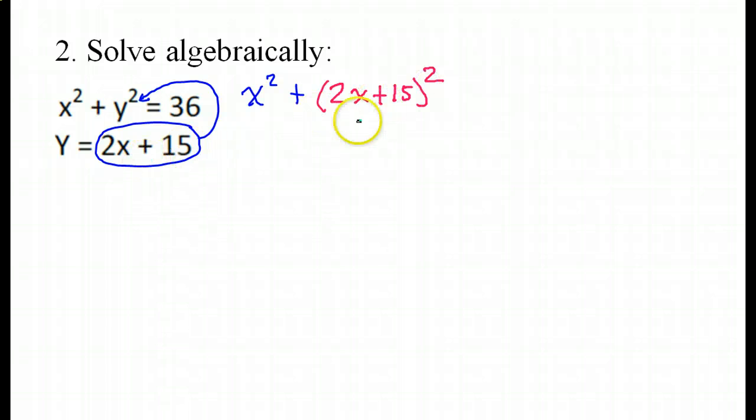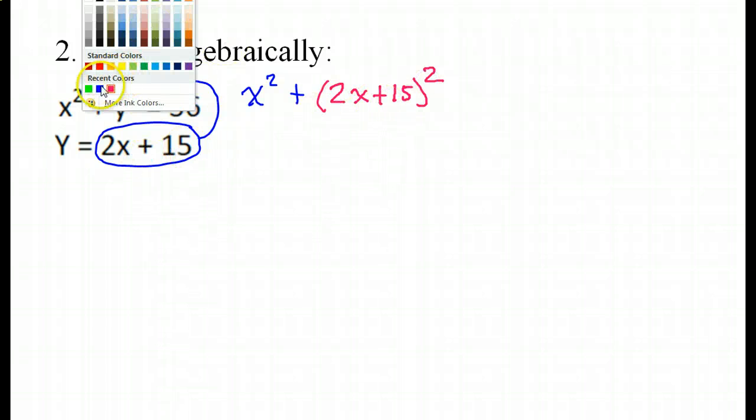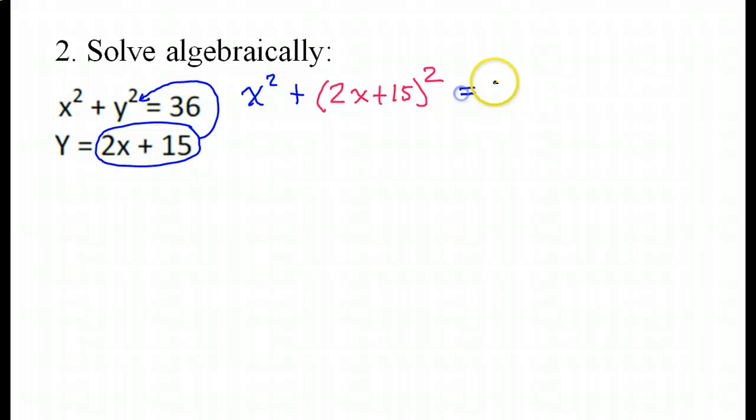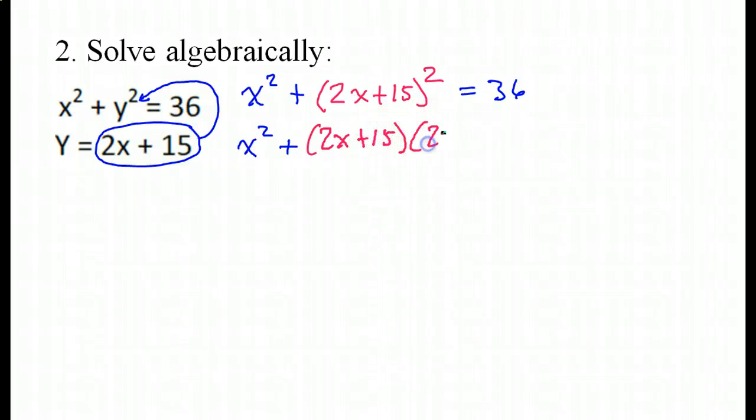So this is my y squared, and then equals 36. So that'll be x squared plus, and of course I'm doing 2x plus 15 times 2x plus 15.